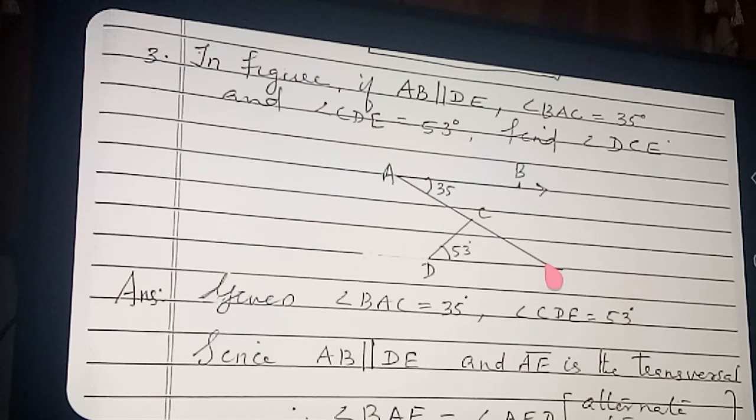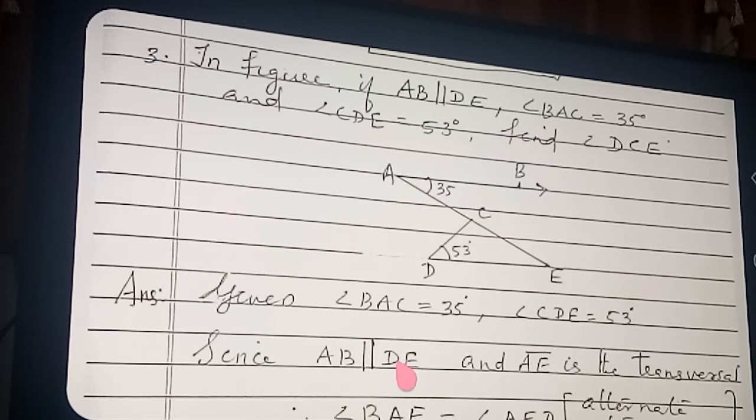They are on the same ray, on the same line segment. Therefore, angle BAC is the same as angle BAE, because you want to mention angle A only. So BAC and BAE are the same angle only. Therefore, BAC is 35 given, then what about BAE? BAE is also 35.